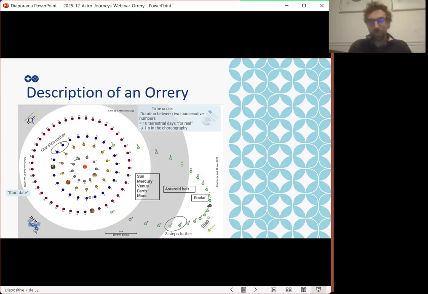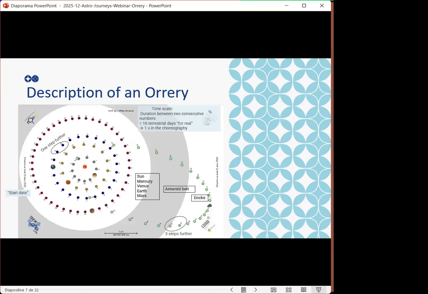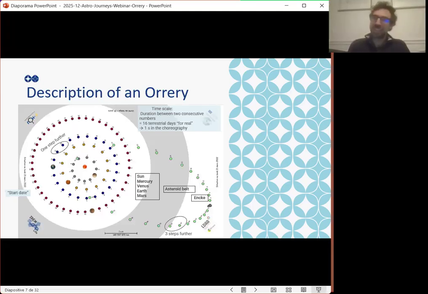After one revolution, you might have some shift. It's a bit of a detail, so I will not go further on that, but just remember that because 1 year is not a multiple of 16 days, of course there are some shifts. But if you forget about that, you can follow the position of all those objects here as they orbit around the sun.